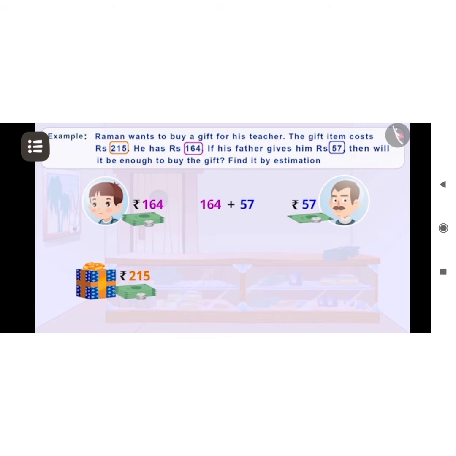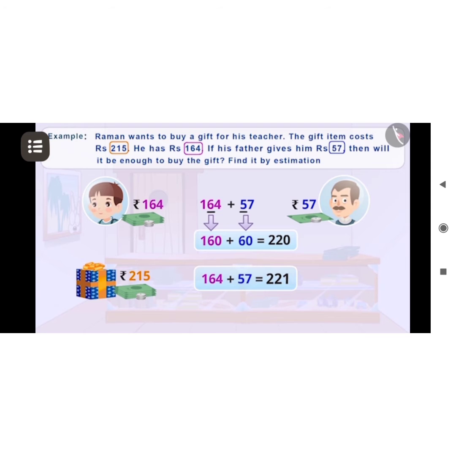So we round 57 to the nearest tens, and the other number to the nearest tens as well. So 164 will be rounded off to 160 and 57 will be rounded off to 60, and ultimately it becomes 220, which is quite close to the actual value, 221.